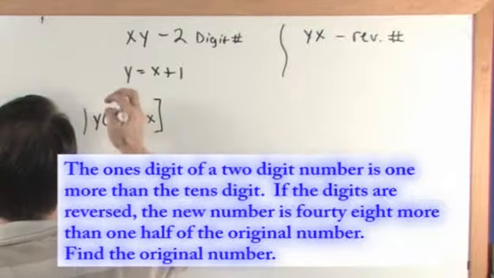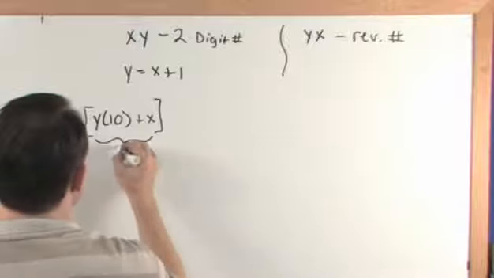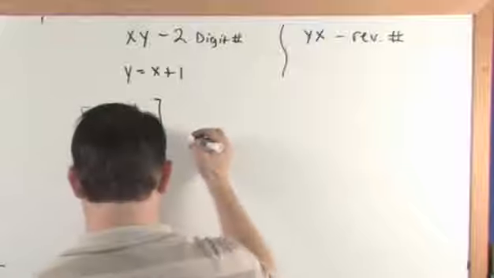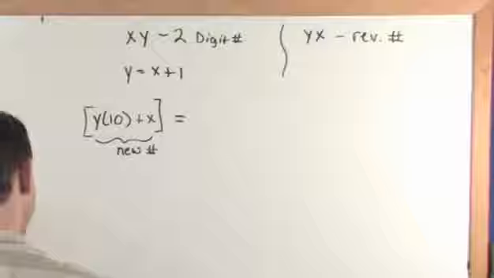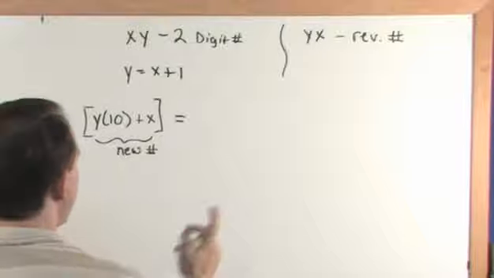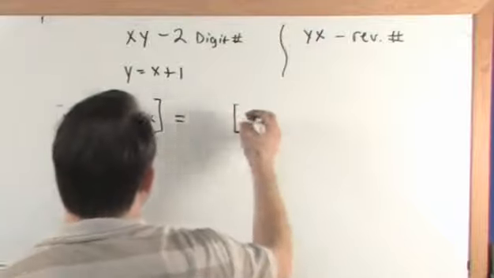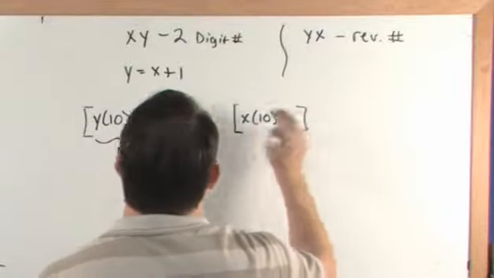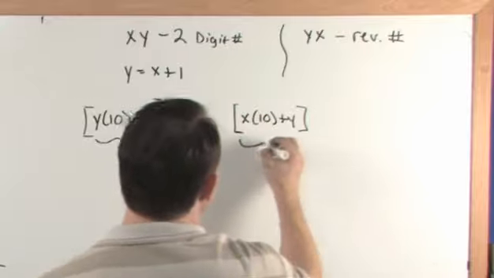That's the value of the new number, y times 10 plus x, is equal to, because it says the new number is 48 more than 1/2 the original number. Well, what would the original number be? The original number is this one. The value of it would be x times 10 plus y. X, which is the tens digit, times 10 plus the y. This is the value of the old number.